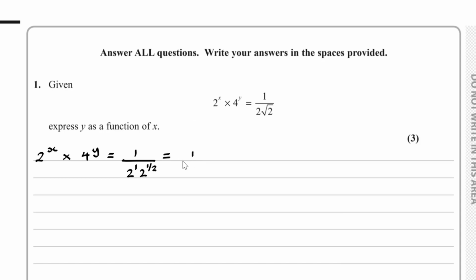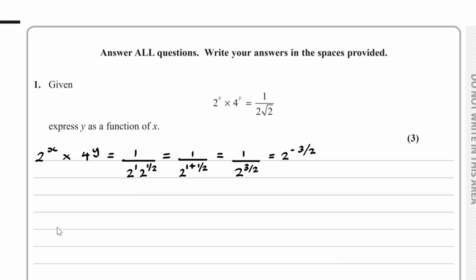So we have 1 over 2 to the power of 1 plus 1/2. So we have 1 over 2 to the power of 3 over 2. That's the same as 2 to the power of minus 3 over 2.